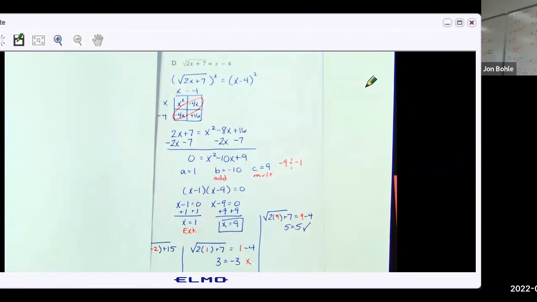You don't have to show this work down here if you can understand how to graph and identify your solution.